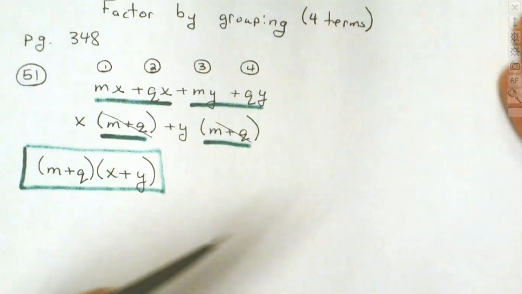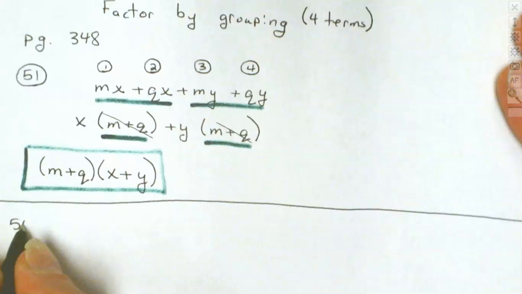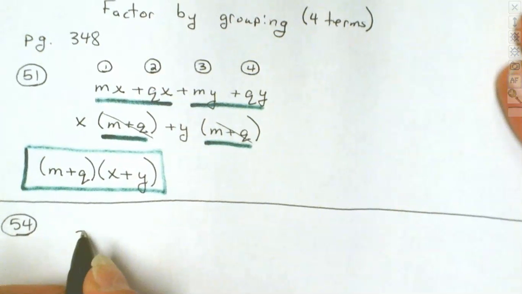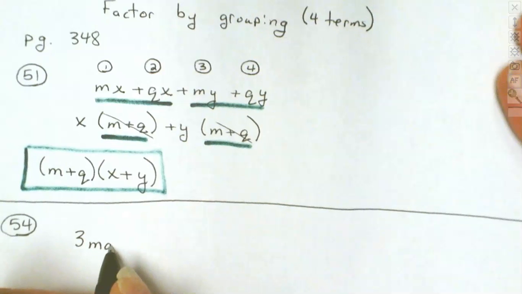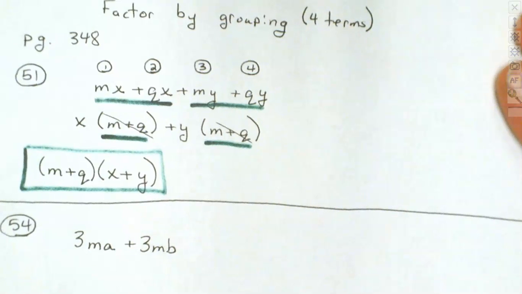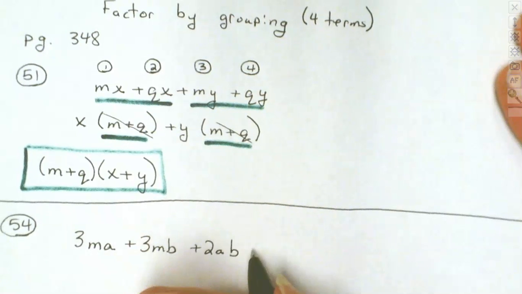Let's look at 54. (54) is 3ma plus 3mb plus 2ab plus 2b squared.